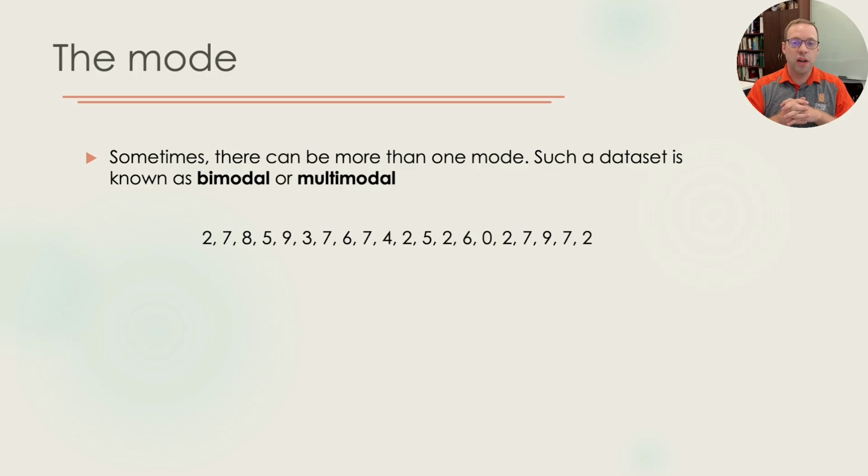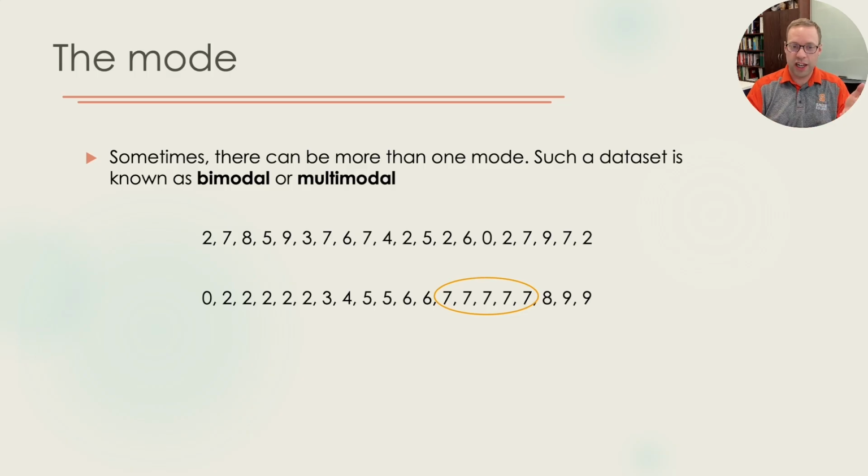But sometimes there can be more than one mode. I have the same data set here, but now I've changed one digit. I'll rearrange it, and sure enough, there's still 5 sevens. But is there another thing that's changed? Yes. We now have 5 twos as well.